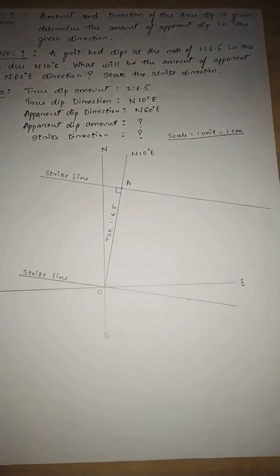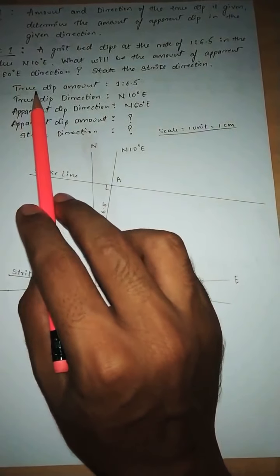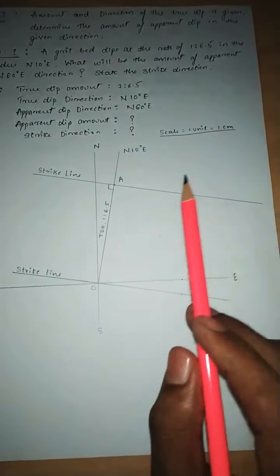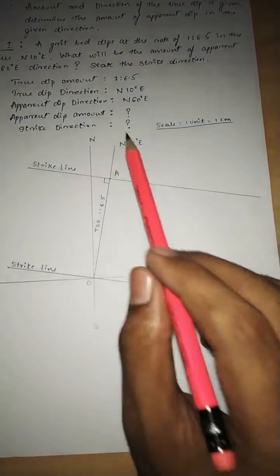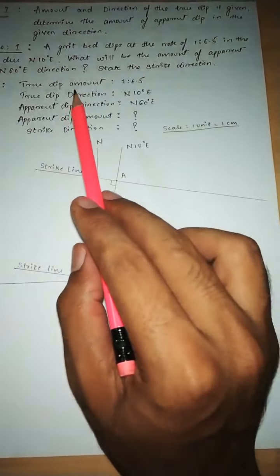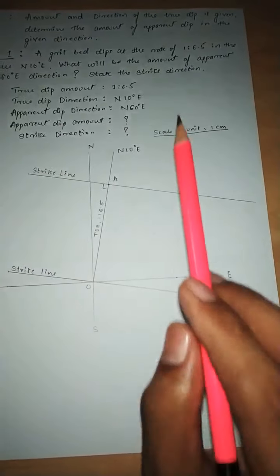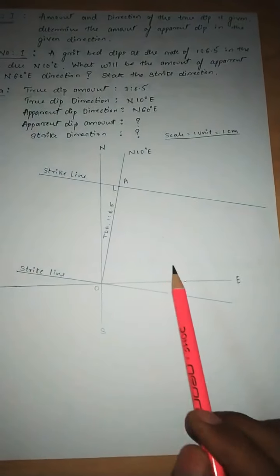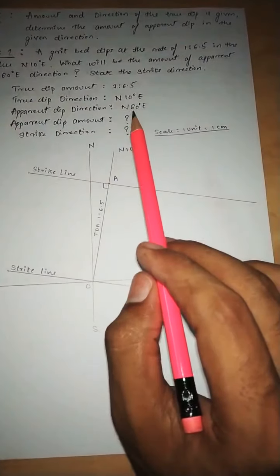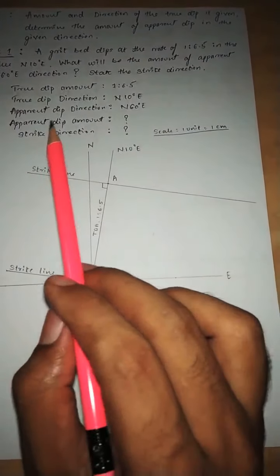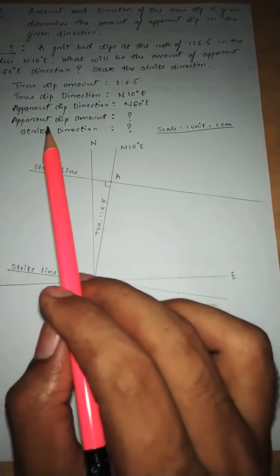Next, we have used the true dip data, the amount and direction of the true dip, and plotted all these things. Then the apparent dip direction is given, that is north 60 degree east, and on that line we have to find the dip amount.